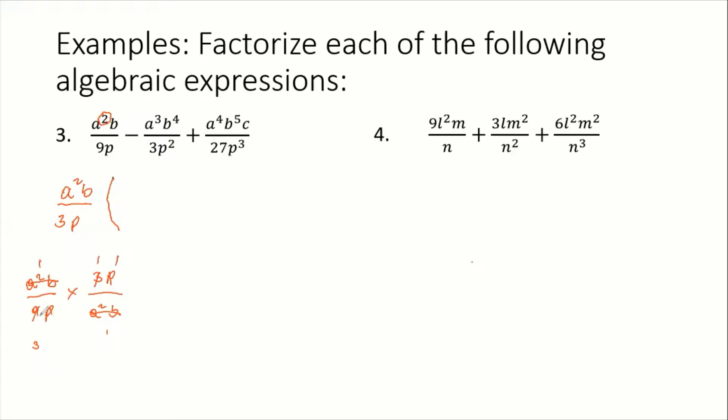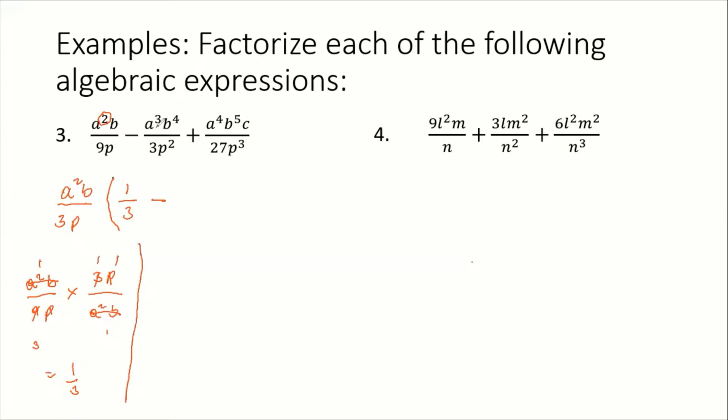So what we're left with is 1 times 1 times 1, which is just 1 as the numerator, and 3 times 1, which is just 3. So the product in this case is just 1/3. So we're going to write 1/3 here. And then I'm going to put back our subtraction sign.